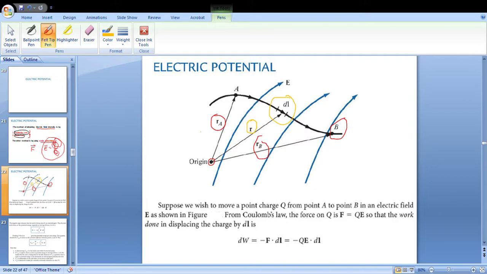So you have to remember three things here. RA is the position vector of point A, where the charge is located, RB is the position vector of point B, where the charge has moved from A to B, and R is the position vector of the differential length dl, right?